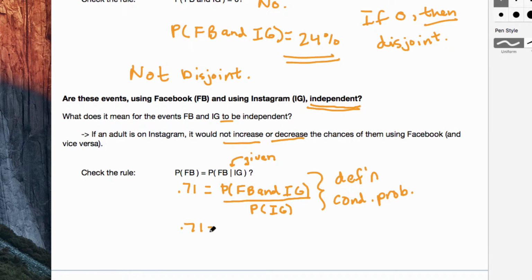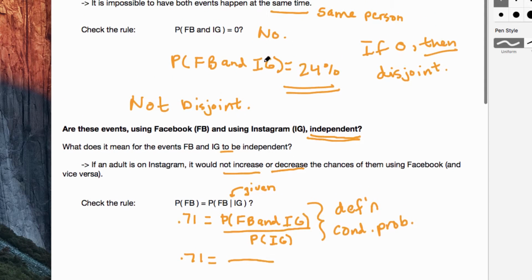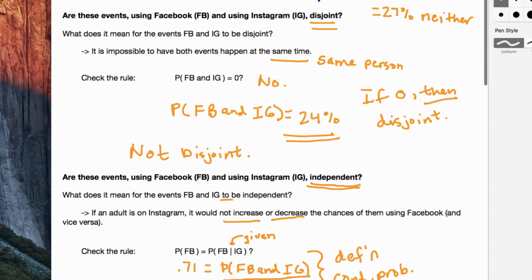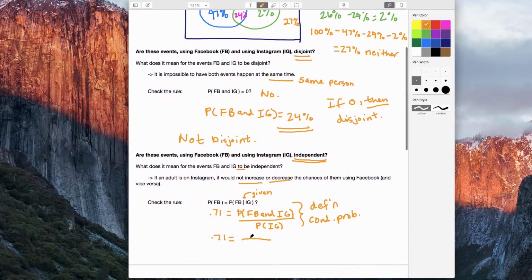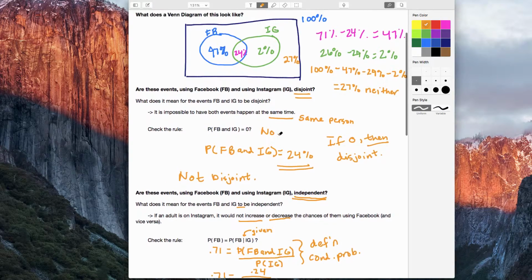0.71 equals, all right, let's start plugging in numbers. What's the probability that someone is on Facebook and Instagram? If I go back up to my Venn diagram, the probability of being in both is 24%. So 0.24 becomes my numerator, divided by the chances that someone is on Instagram. So go back up to the top.